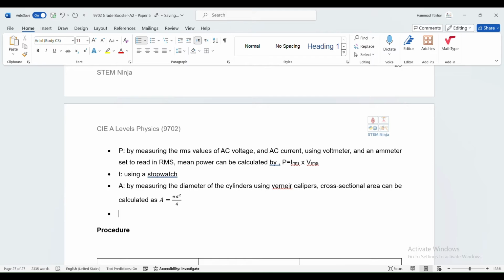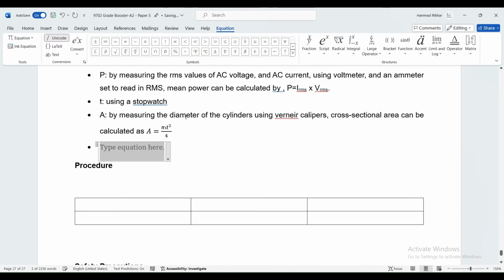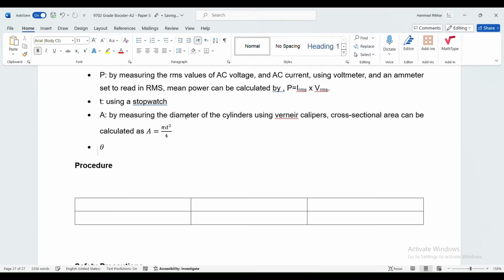That's about it. Now the change in temperature, delta theta. Oh, sorry, this was supposed to be with delta.